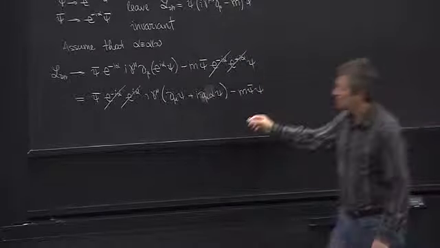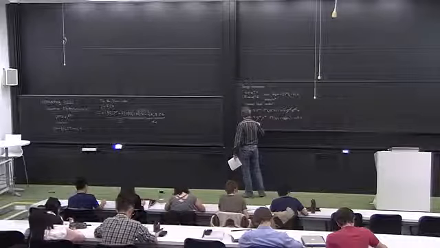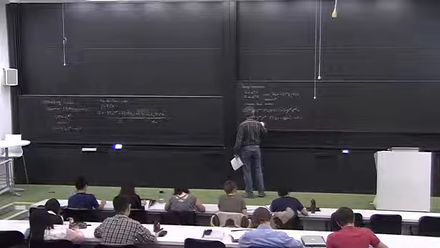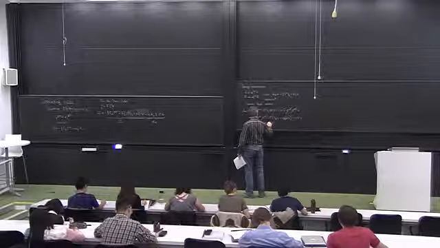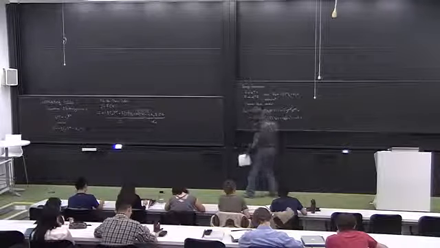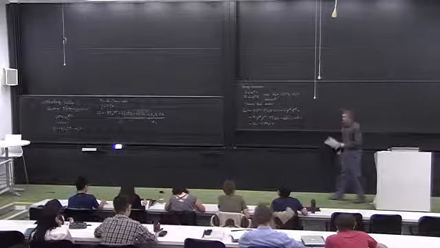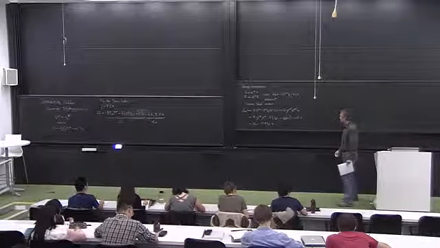And so what we get is the Dirac Lagrangian back, and then plus some extra term. And so the conclusion is that the Lagrangian is not invariant.